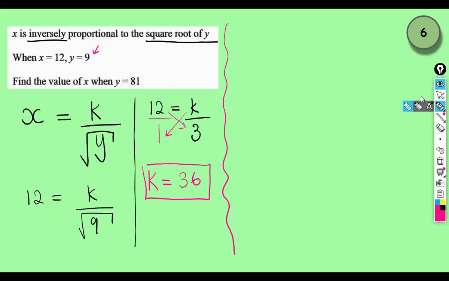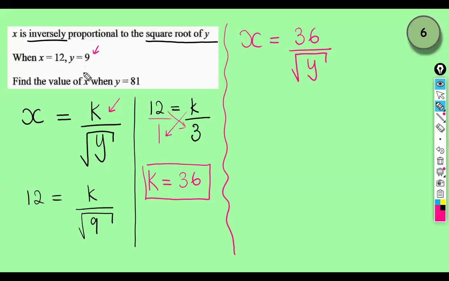Right, so this is what we could do now. x is equal to k. Remember, we just worked out k as 36, so we can throw away that 36 and put it at the square root of y. I'm going to assume that we at least have that, okay?